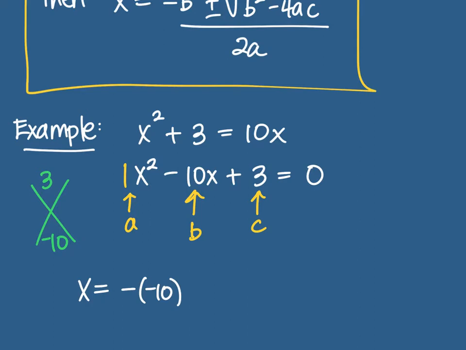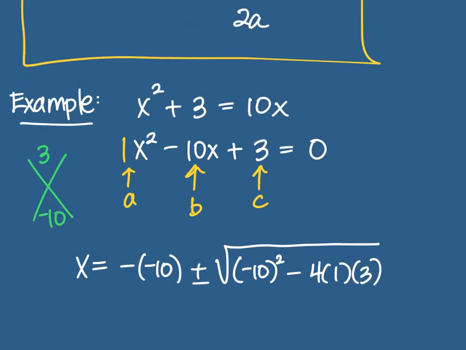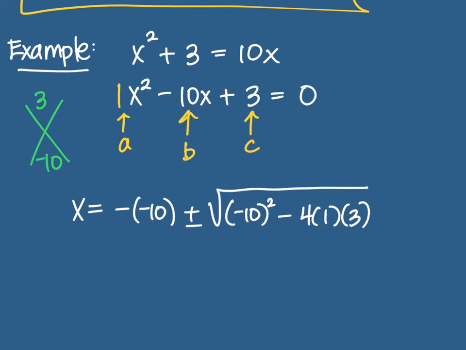That's negative b, which is already a negative number, plus or minus the square root of parentheses negative 10 squared minus 4 times a, which is 1, and c, which is 3. And that's all going to be over 2a, which is 2 times 1.